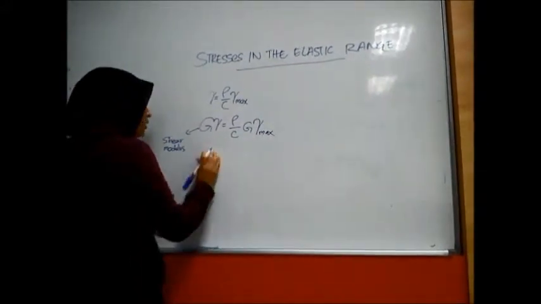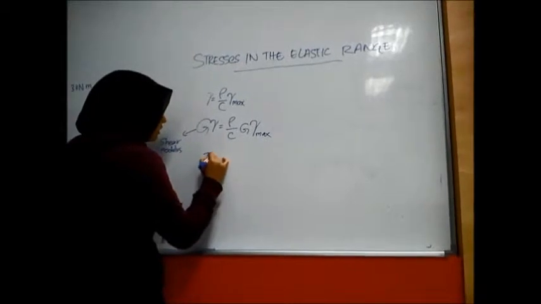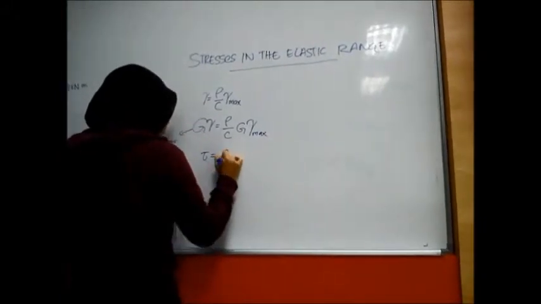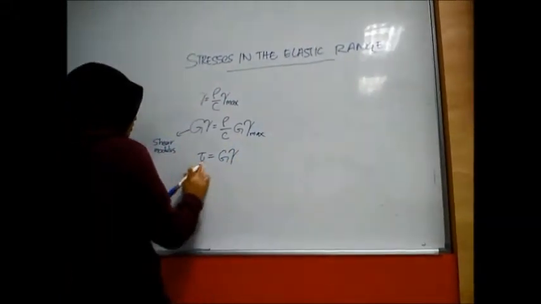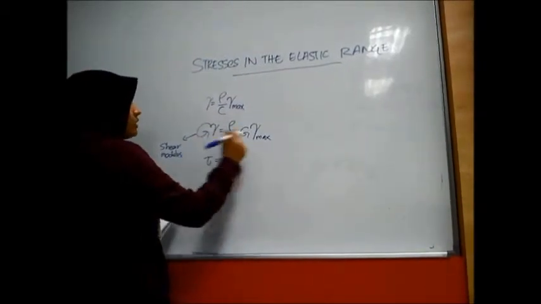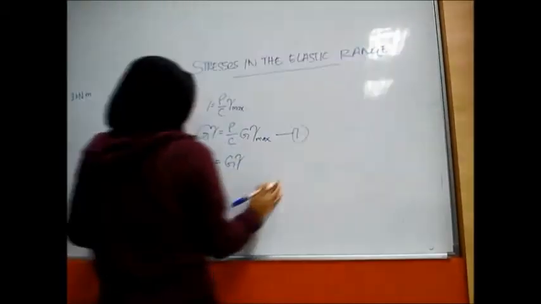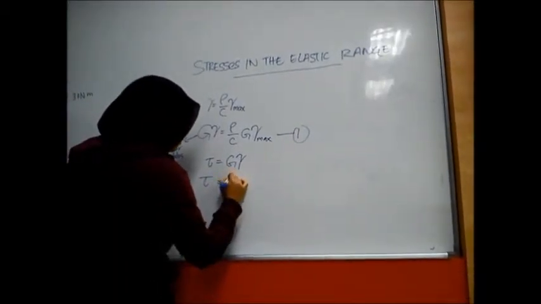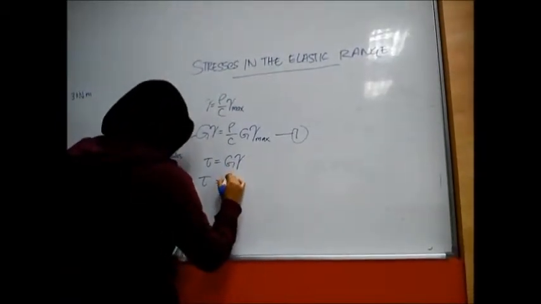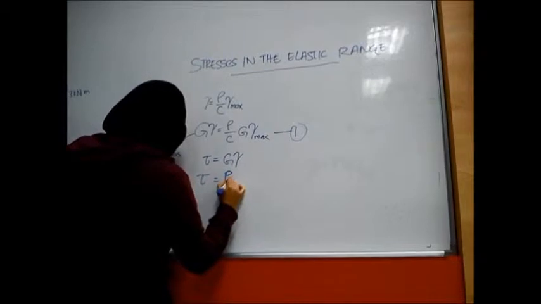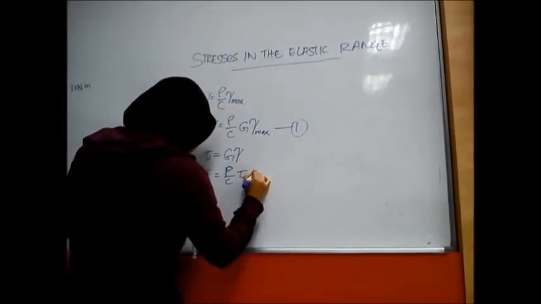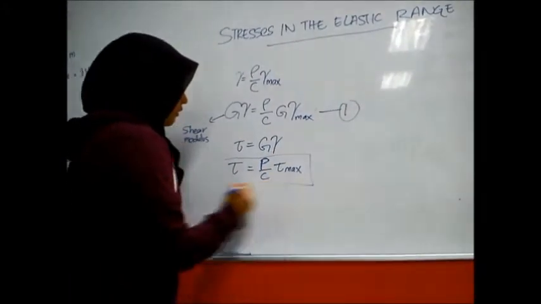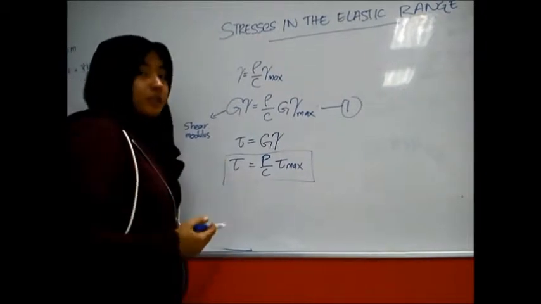Then we know that the shear stress tau is equal to G gamma, and we substitute it into this equation, so tau equals rho over C tau max. This is how we get the formula for the shear stress.